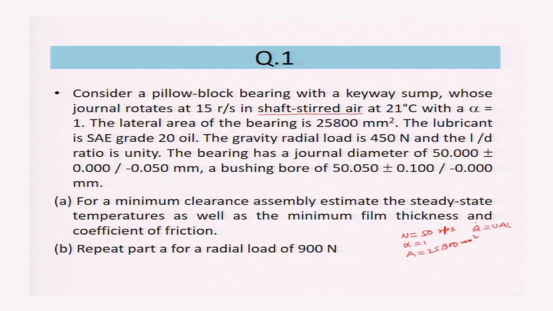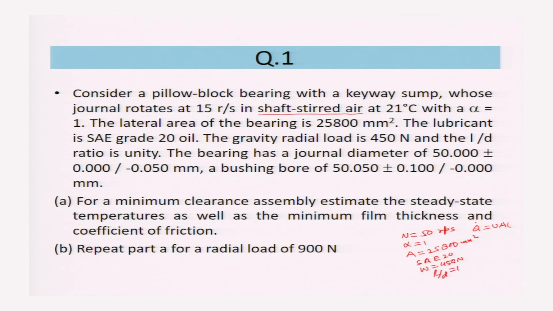The lubricant is SAE grade 20. So, SAE 20 lubricating oil is used. The gravity radial load is 450 Newton. It means W is 450 Newton, and the L by D ratio is unity. In this particular problem, L by D ratio is 1.